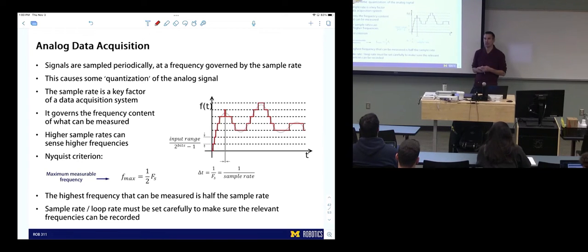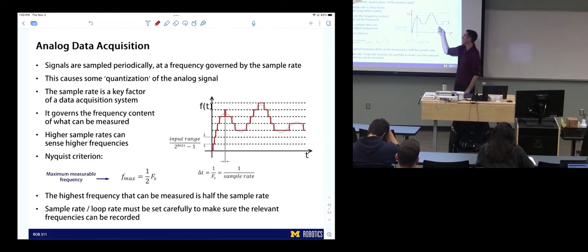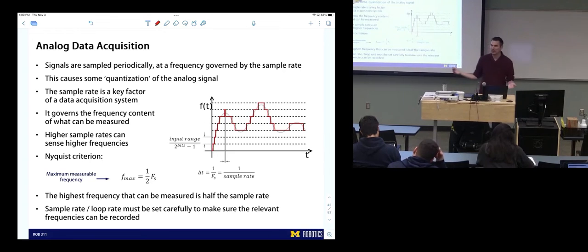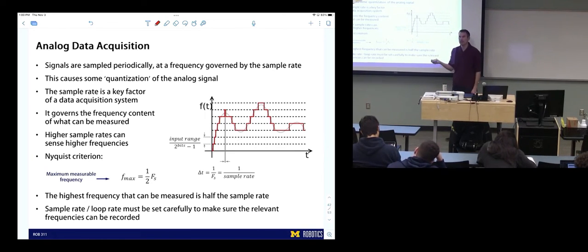It's called quantization error. We're quantizing this gray signal, but we can't get its actual number. We can just get the bits that are closest to it. Depending on where the voltage falls within your data acquisition bit range, it will assign that value. That's why it looks stair-steppy, because you only have a certain number of bits to prescribe to that voltage.